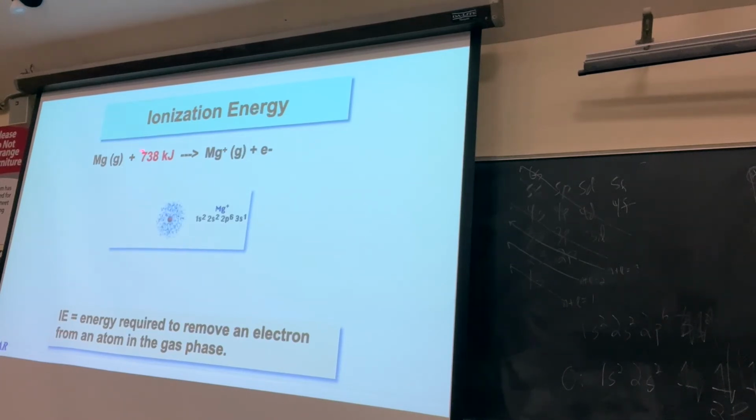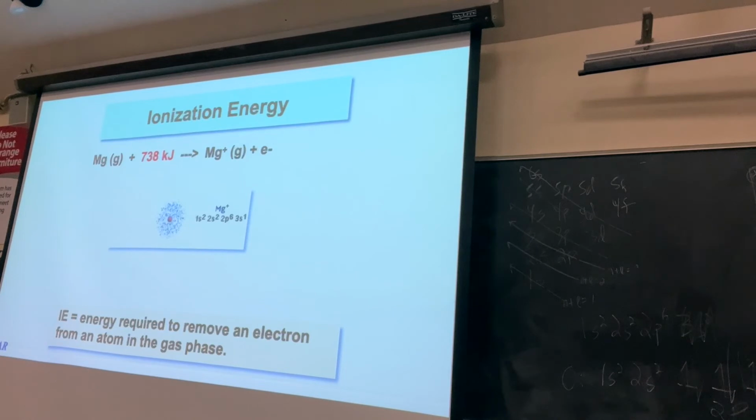So to turn the neon 3s2 configuration into a neon 3s1 configuration, you add 738 kilojoules of energy per mole. That's how much it takes to get magnesium to magnesium plus 1.